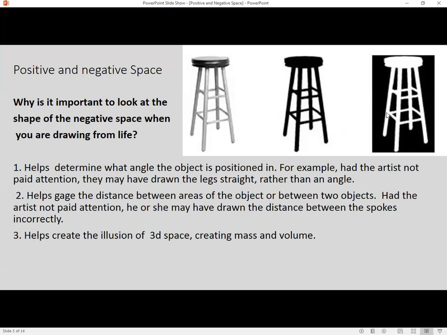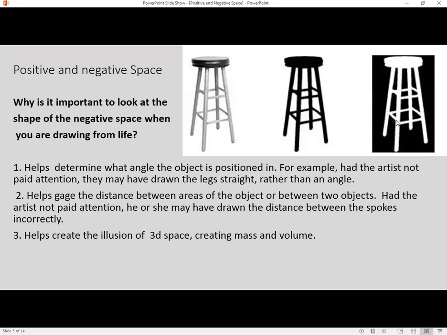Therefore it helps us understand that the space here is a different width than the space down here. It also helps us determine how long this area is and how long this area is as it relates to one another.